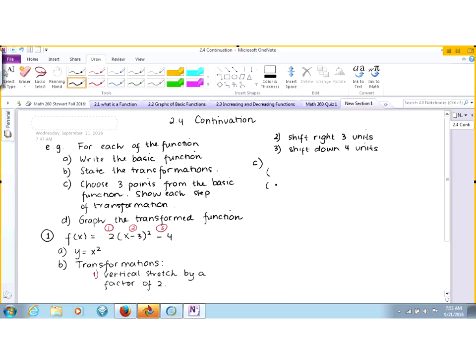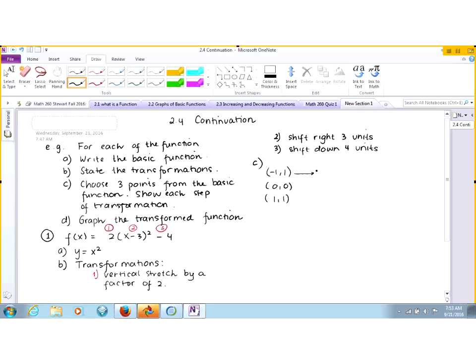So what is it? (0, 0). What else? (1, 1) and (negative 1, 1). Yes, so these 3 points represent y equals x squared.